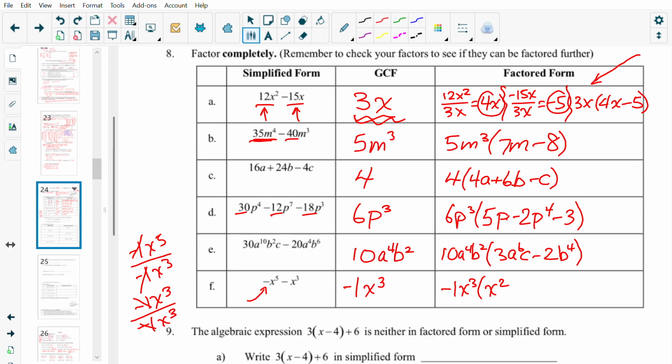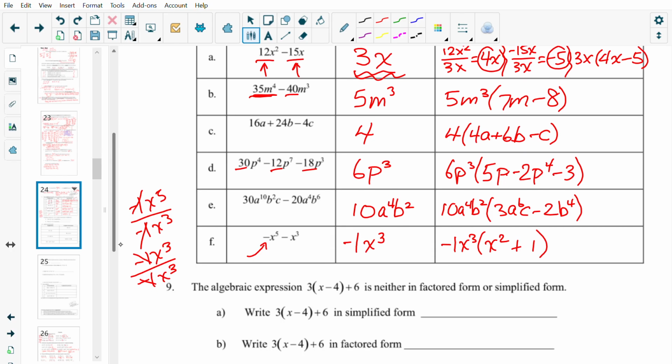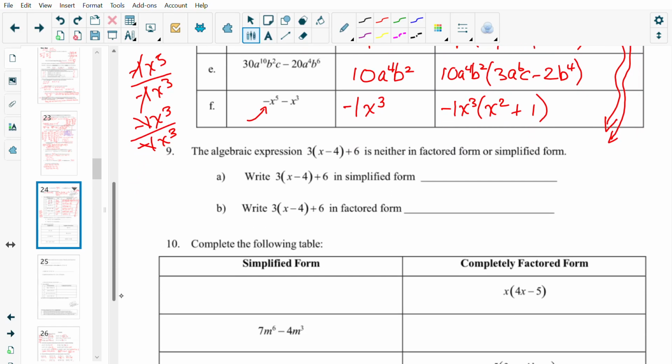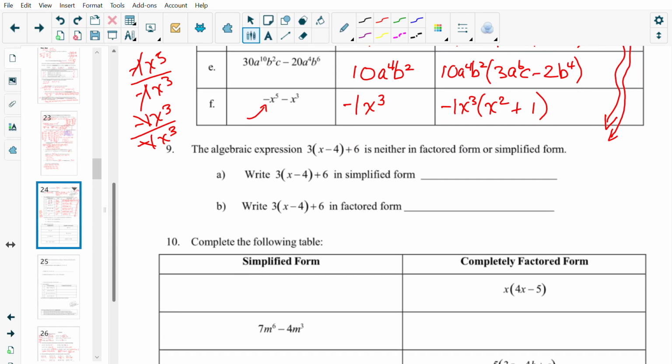That's going to be x cubed divided by x cubed, negative 1 divided by negative 1. That is just plus 1. And that's it. Okay. Hopefully you get an appreciation for all the steps that are involved, and then just developing some fluency and some shortcuts in your GCF factoring.